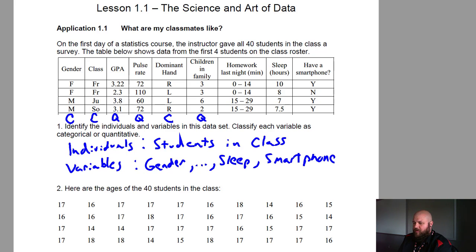Your homework you did last night, in minutes, from 0 to 14, or from 15 to 29 minutes. Now let's think about this. Do you think it's quantitative or categorical? Well, in this case, they're going to be categorical.